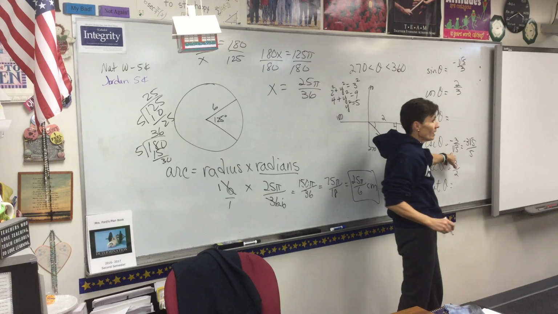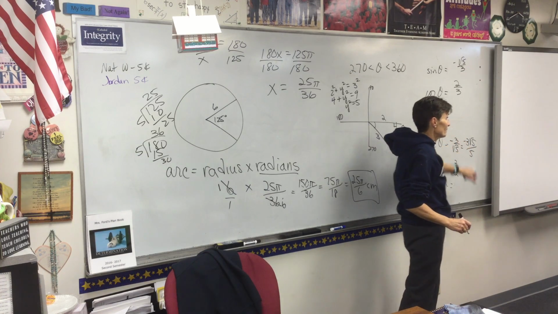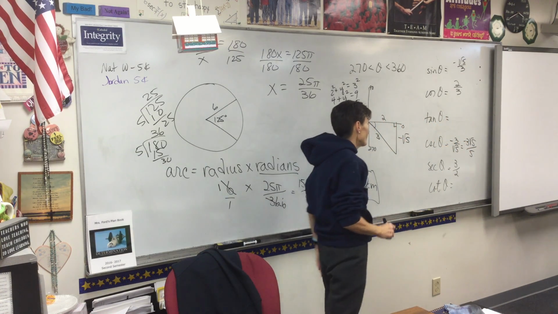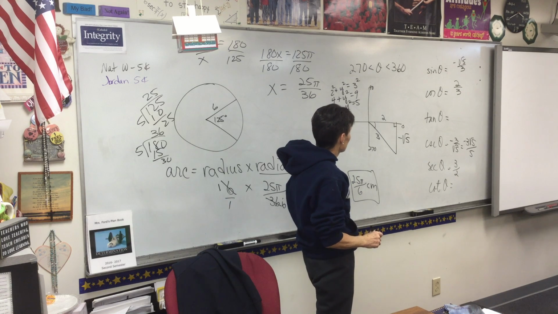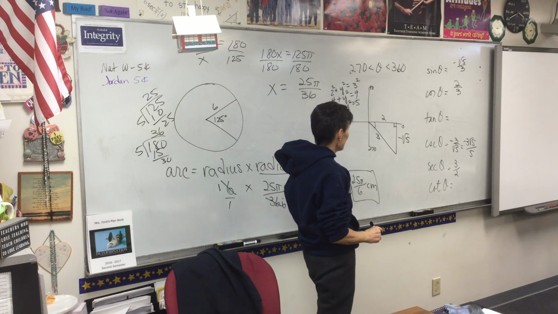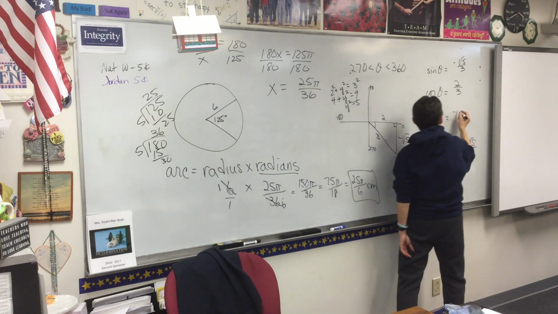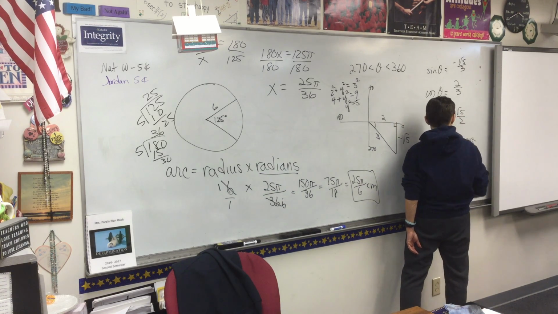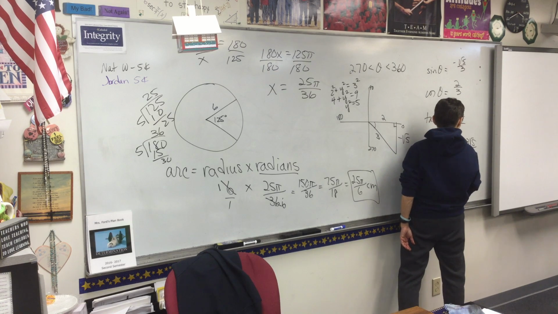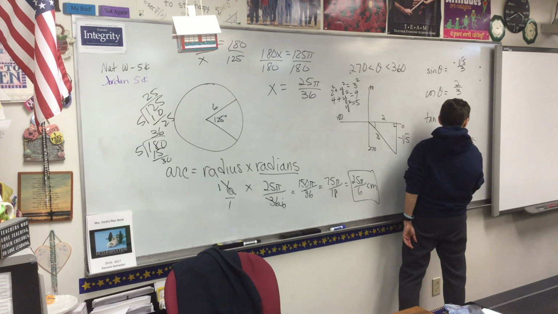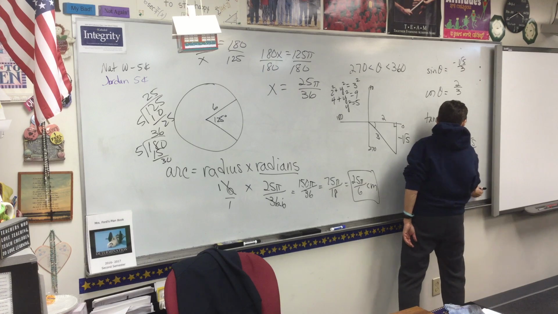Remember when you rationalize, the radical comes up and the 5 turns into a plain 5 on the bottom. What's my tangent? Negative root 5 over 2. So your cotangent is 2 over negative root 5, or negative 2 root 5 over 5.